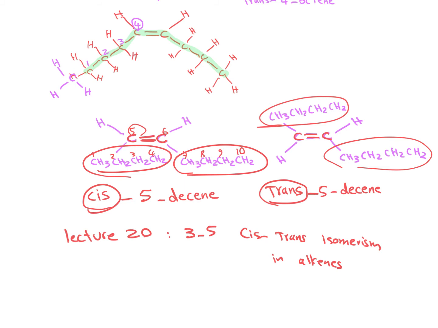Okay, so let's go to the next question, which is question 6. Which type of bonds are stronger, sigma or pi?